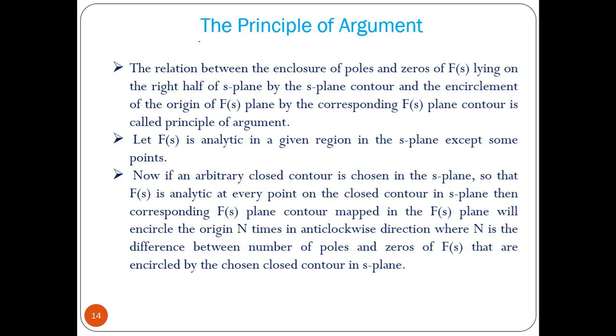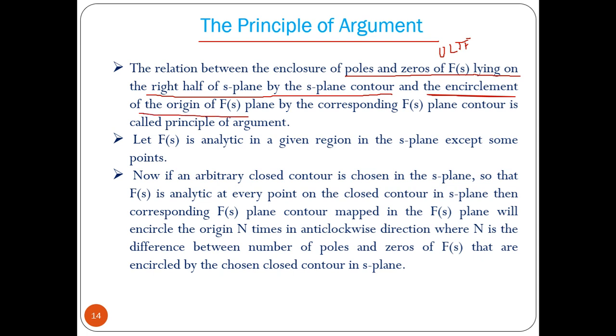Now let me tell you about the principle of argument of the Nyquist stability criteria. The relation between the enclosure of poles and zeros of the transfer function, or say open loop transfer function, lying on the right half of S plane by the S plane contour, and the encirclement of the origin of the F(s) plane by the corresponding F(s) plane contour is called the principle of argument.